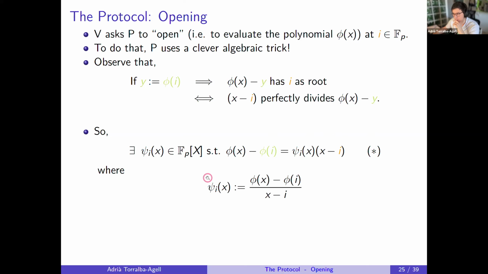So psi of x is simply this polynomial divided by this polynomial. If we take that and put it on the other side of the equal sign, we have that psi of x is equal to phi of x minus phi of i divided by x minus i. And we don't have a residue here. This is a whole division.